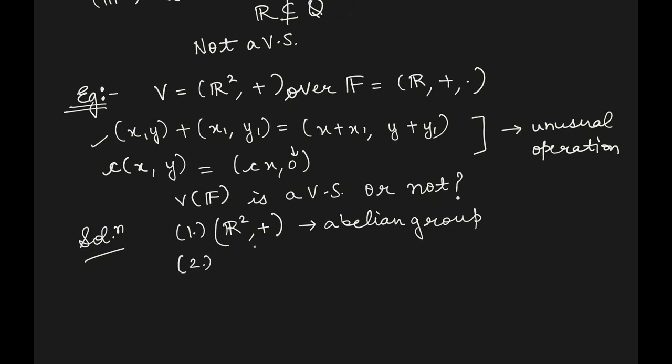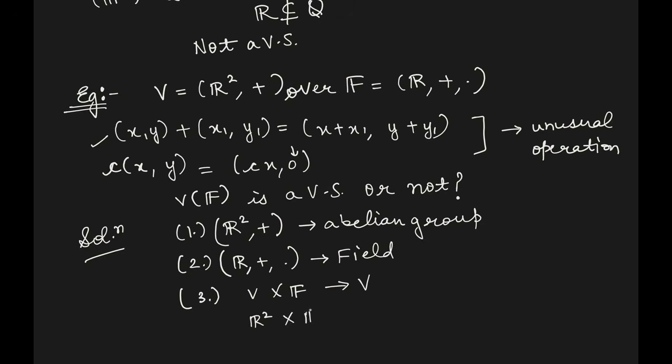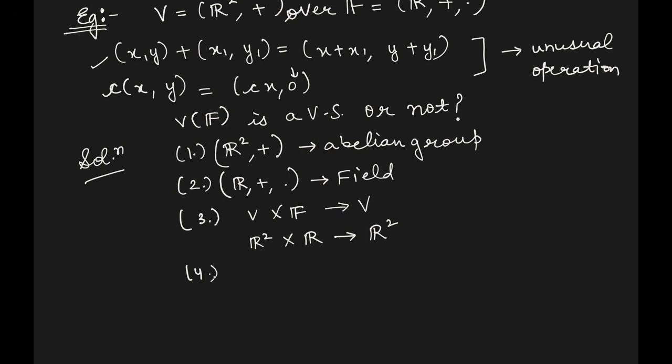So here I need to check every step. So R with respect to addition and multiplication will form a field. Thirdly, V cross F will also be in V. R cross R will belong to R square only. Now in those four properties, the last one, 1 into (x, y) should be (x, y) according to that property.